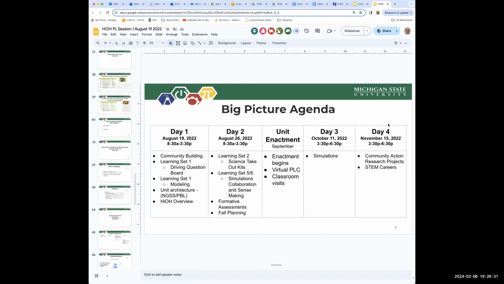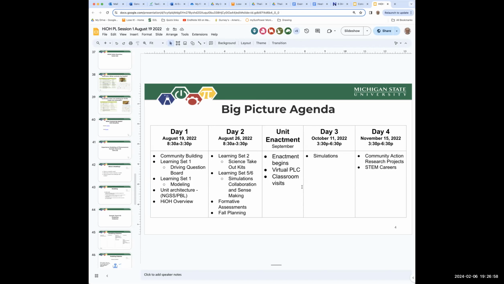Oh, and I'm sorry, the question was, did you go through all the learning activities? So we go through all of the big learning activities. While we don't go through each learning set in detail, we do have the teachers go through, for example, how we did the driving question board.